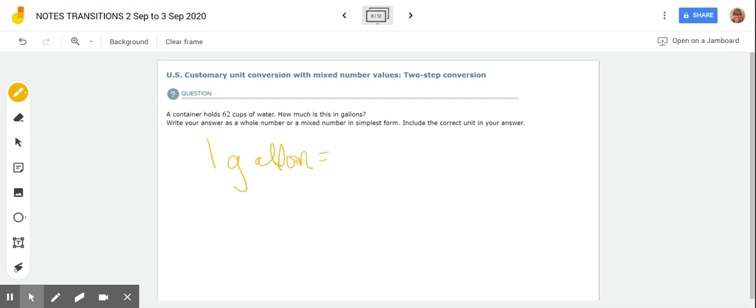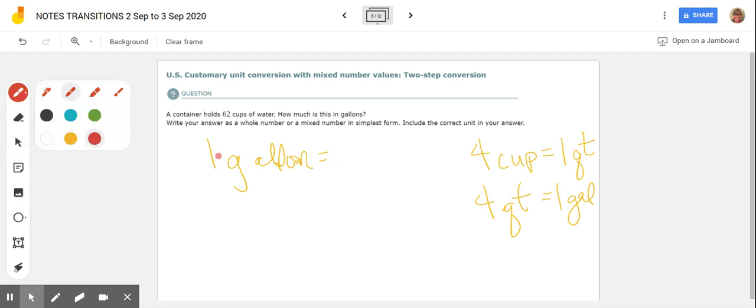Maybe you know that in 1 quart, there's 4 cups. And in 1 gallon, there's 4 quarts. I don't know if you know this. If you know already that in 1 gallon, there's 16 cups, well then good for you. That's great. You can easily do this problem.